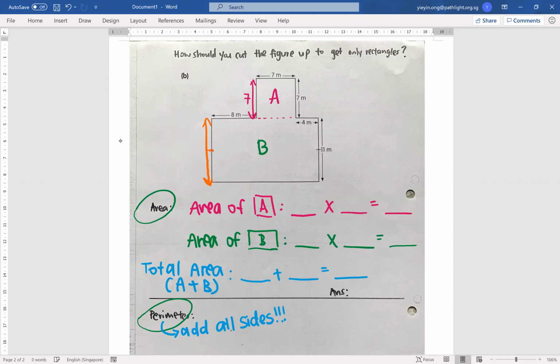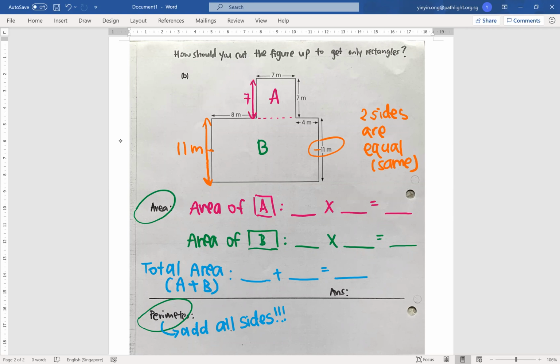And on the right, there's also one line. This shows that the two sides are equal. They are the same. Okay, so 11 and 11 both are the same.